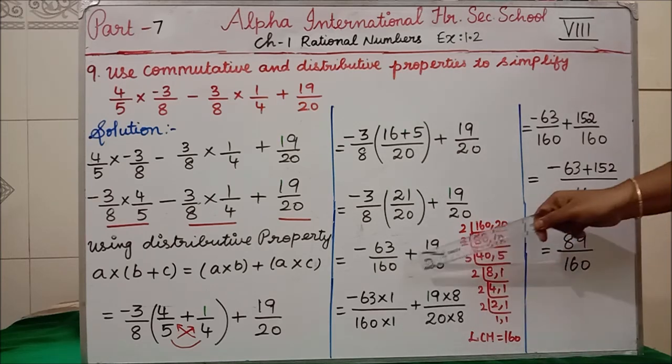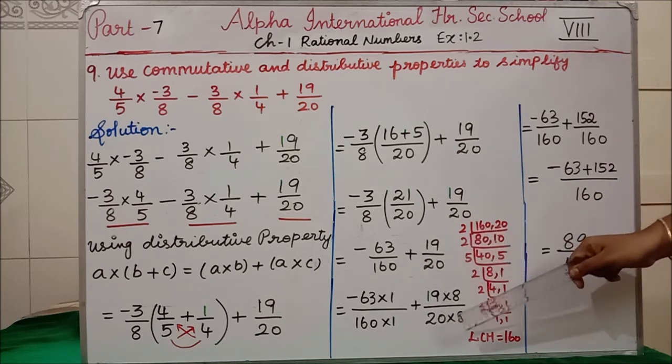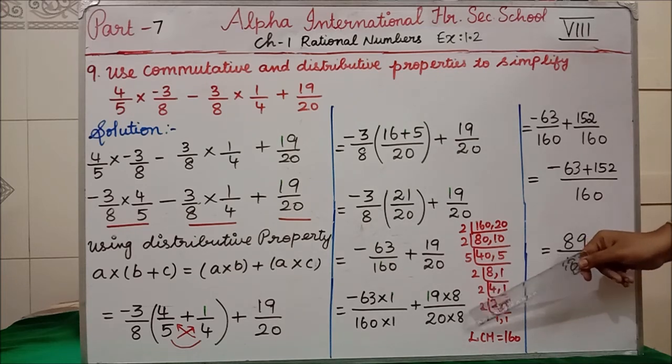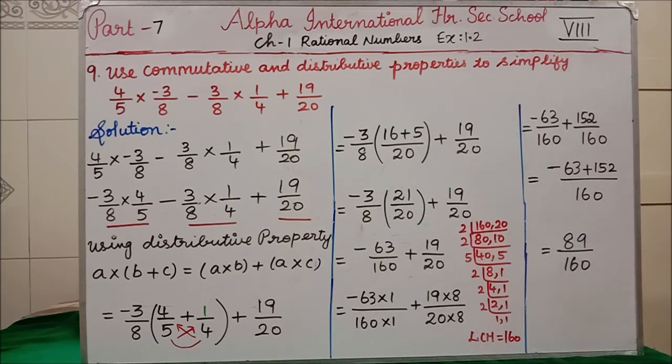In between is the plus sign, 19 divided by 20. In 20, what number do you multiply to get 160? 8. So multiply the 8 to the numerator as well as the denominator. Now what answer are we getting? Minus 63 divided by 160 plus 19 into 8, which is 152, divided by 160. Clear, all of you?